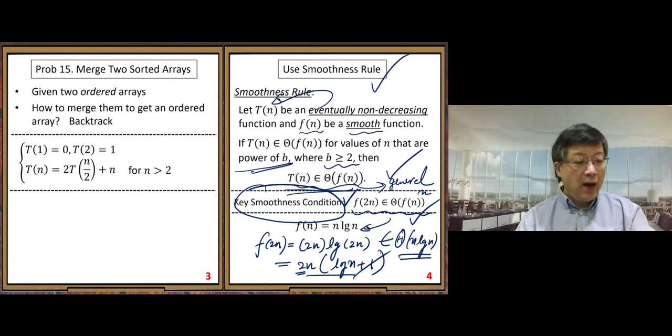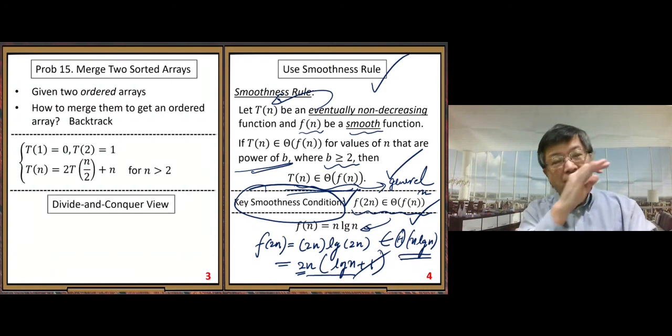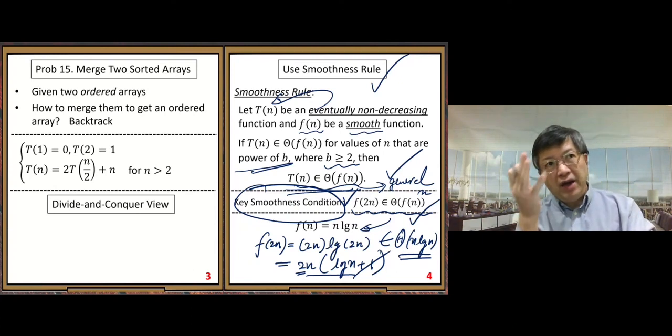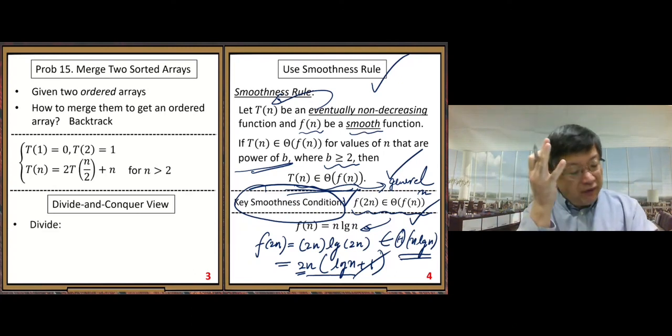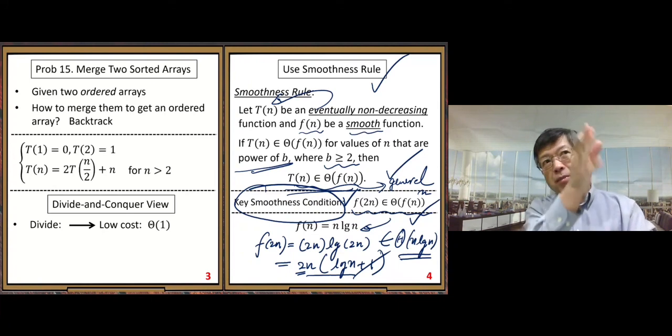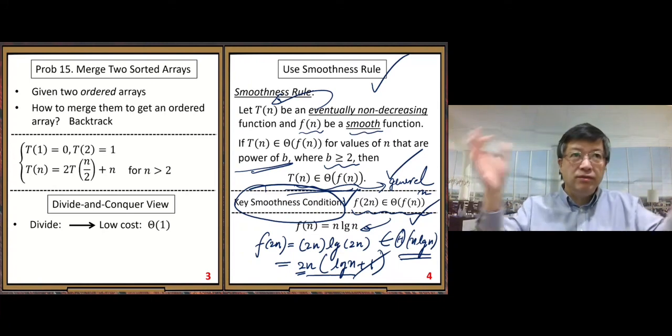The last thing I want to go through is the divide and conquer view of Mergesort. In Mergesort, from the divide and conquer point of view, the divide step is of low cost, big theta of 1. Splitting in the middle is very easy.